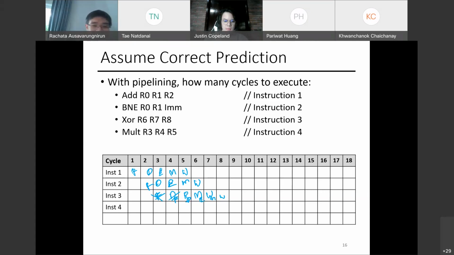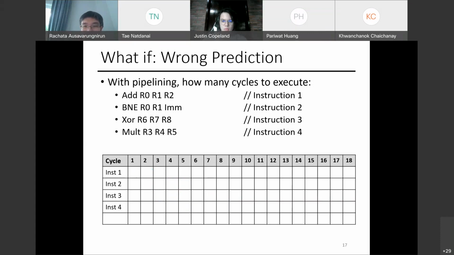So if correct prediction, you do this. Fetch, decode, execute, memory, and write back. Right? What if I predict incorrectly? So what if I have a wrong prediction?